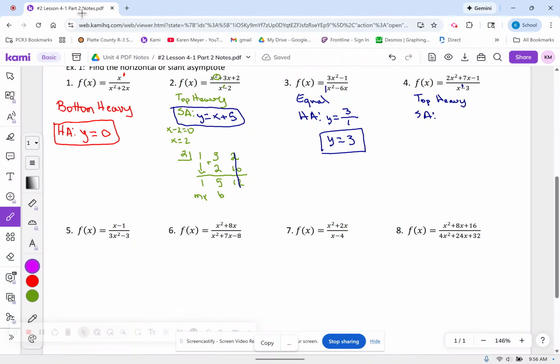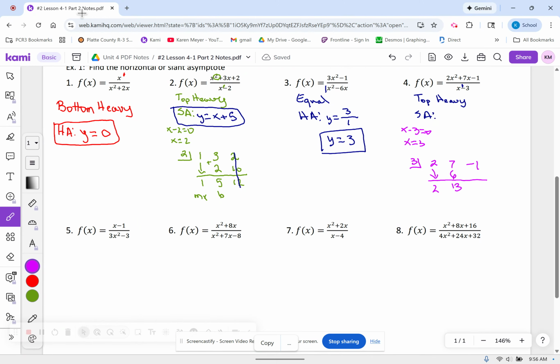Remember, you're going to look at the bottom and solve that for x, and that gives you the number you put in the corner box. Then you're going to list your coefficients from the top. Then you're going to drop your first term, multiply, and then add.